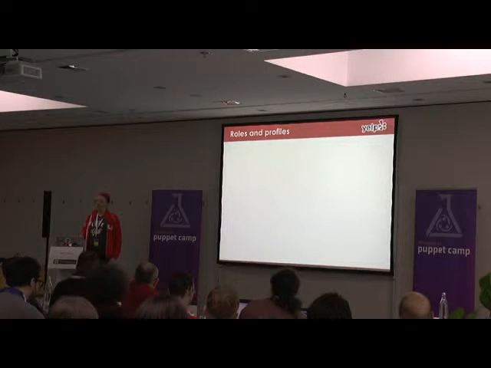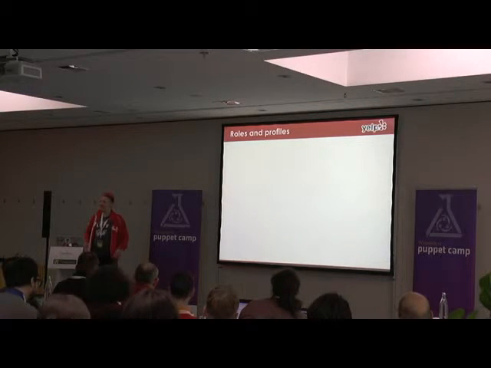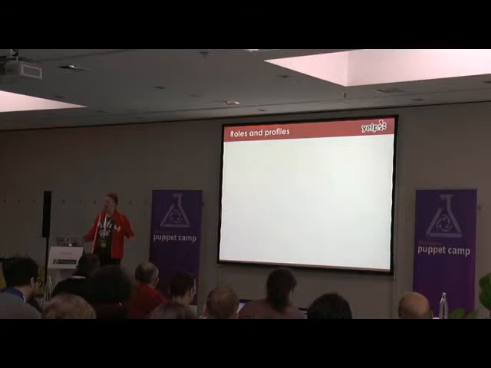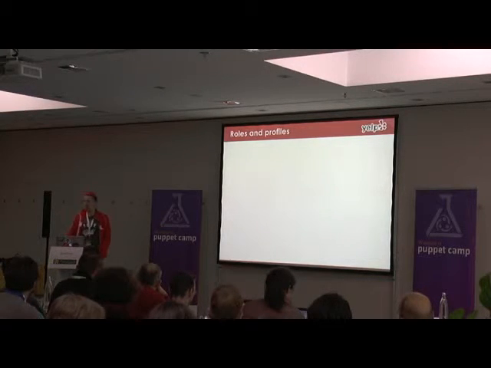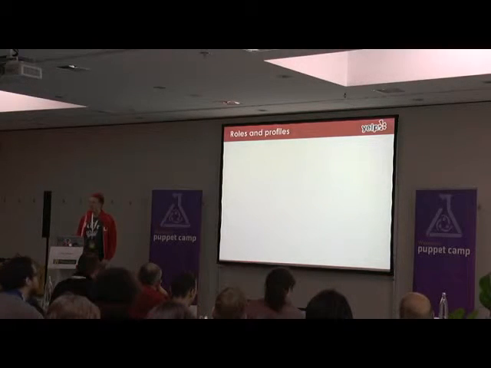How do you tell the difference between a web server and a test web server? Maybe you add GDB and a couple of testing tools. Just looking at the node manifests, it's really hard to work out. The only thing that's really going to help you is how you name your hosts. But then if you have four figures of hosts, that gets pretty hard too.